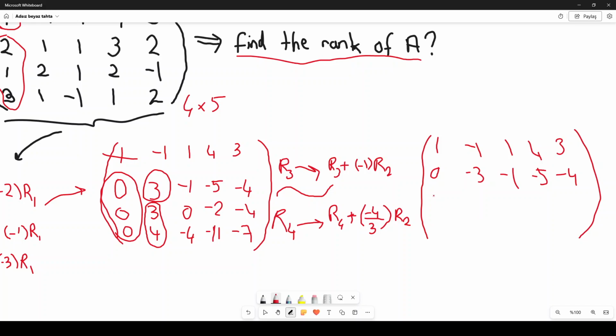And for the third row, as desired, I got 2 zeros now, and here is 1, and here is 3, and here is 0. I perform element-wise addition in the associated rows. So this is what I'm doing here. So this row again, 0, 0, minus 8 over 3.